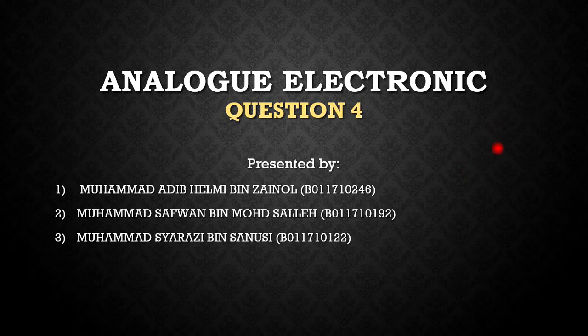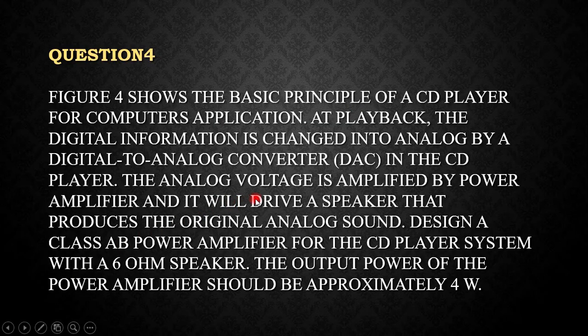We get question 4 for our task. For the question, Figure 1 shows the basic principle of a CD player for computer application. At playback, the digital information is changed into analog by a digital to analog converter.